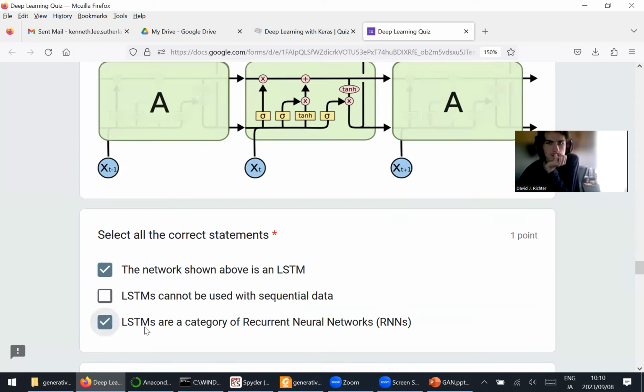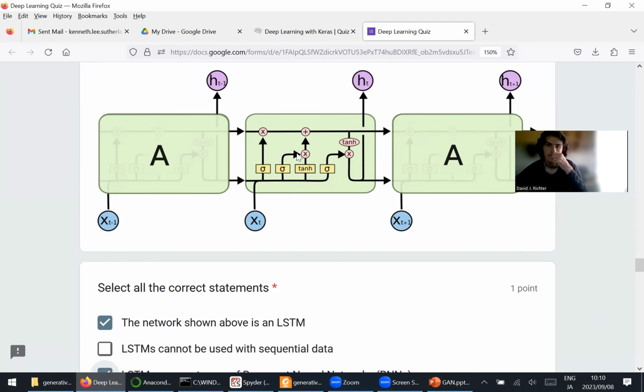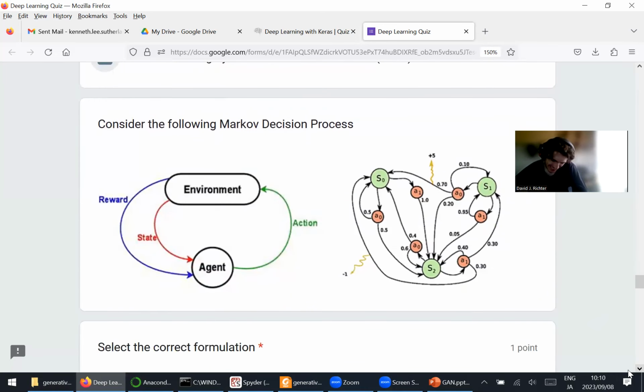And this is definitely true, or a category of RNNs. Apparently there's some trouble with RNNs. They're difficult to train, so they use LSTMs. But I've never been able to wrap my brain around this diagram. Okay, just take your word for it.